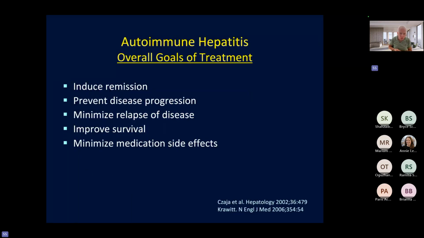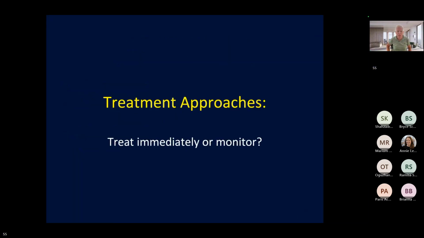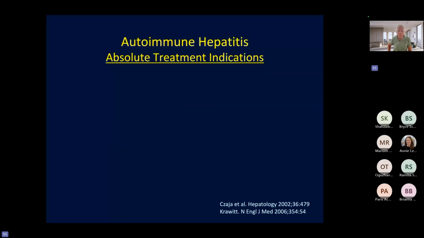The overall goals of treatment are to induce remission first and foremost, prevent disease progression, minimize the relapse of disease, improve survival, and of course, we want to minimize medication side effects. So when you see a patient who has some characteristics that are consistent with autoimmune hepatitis, should we treat immediately or monitor? Again, most of this data is from adult subjects.